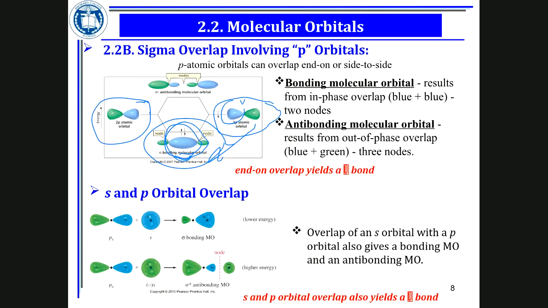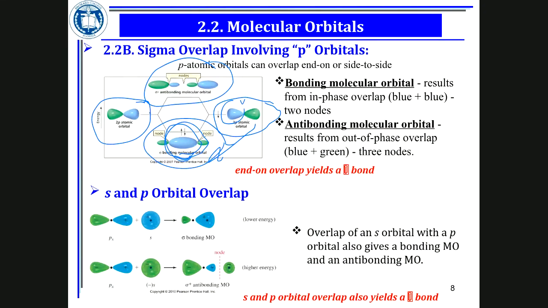And if it's anti-bonding, that means they are destructive. Their destructive overlap is going to create an anti-bonding orbital with much higher energy than the original p orbitals separately, so it is not a desired one.